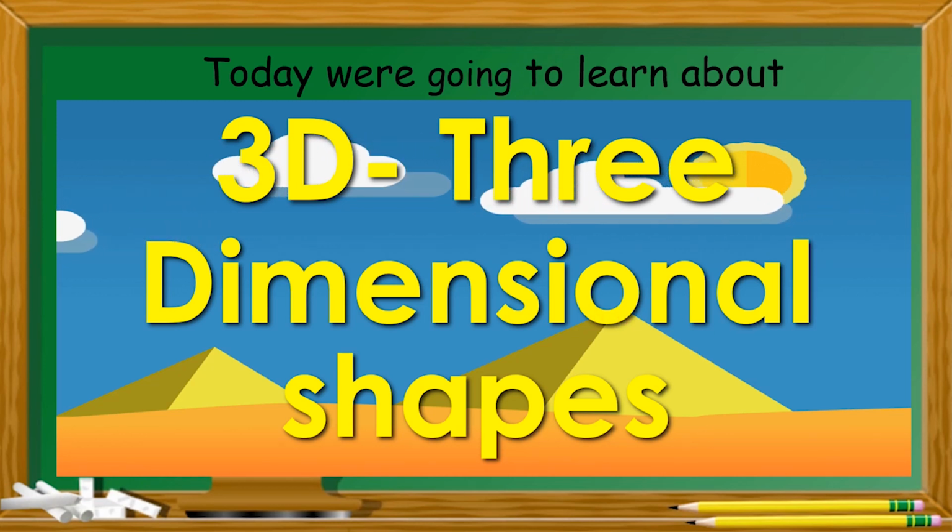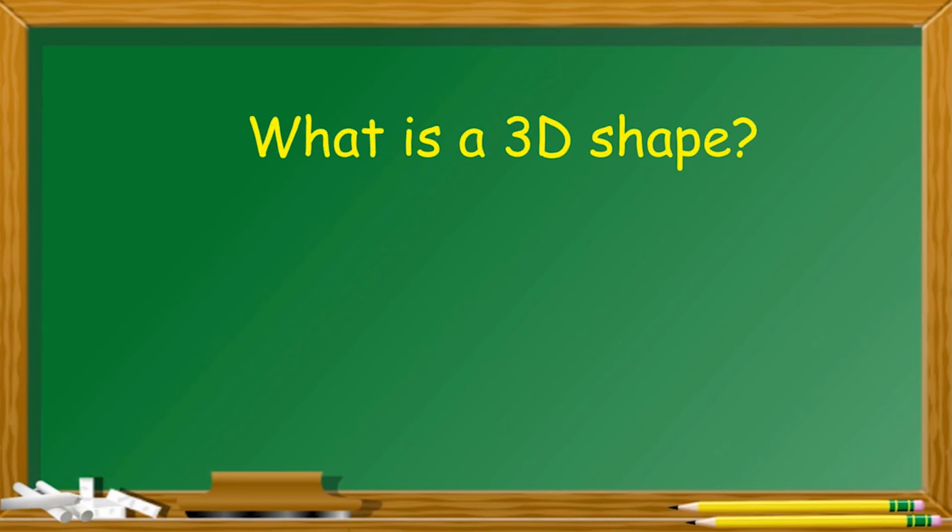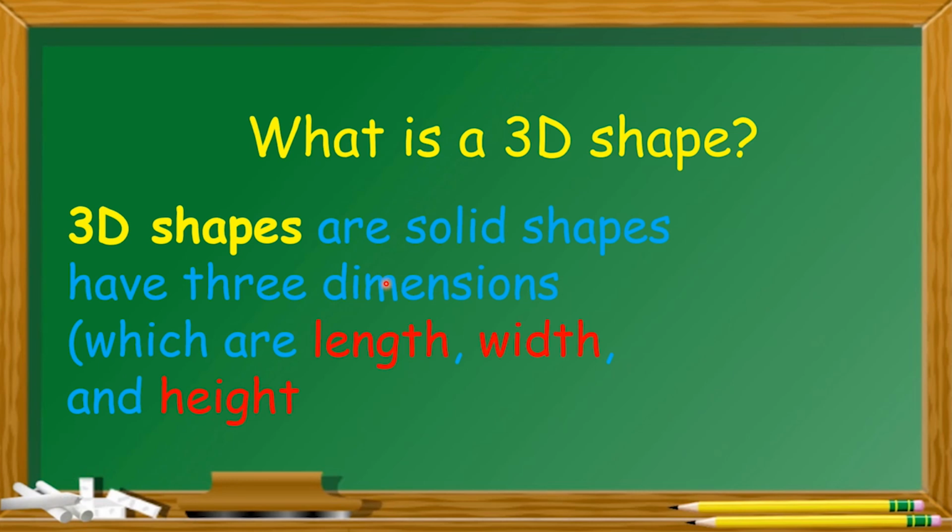Okay, so what is a 3D? 3D shapes are solid shapes, have 3 dimensions, which are length, width, and height. Again, 3D shapes are solid shapes, have 3 dimensions, which are length, width, and height. So what is the picture of that?